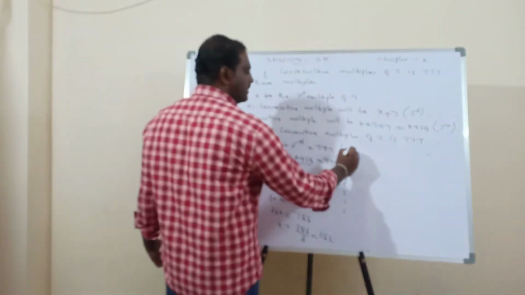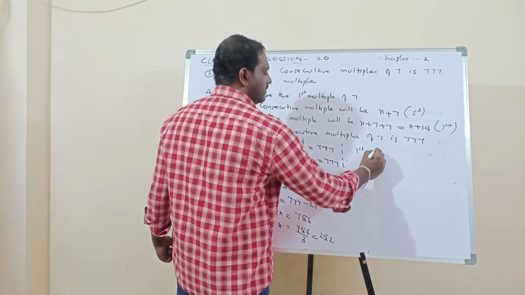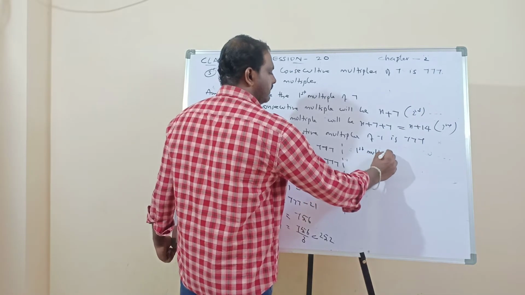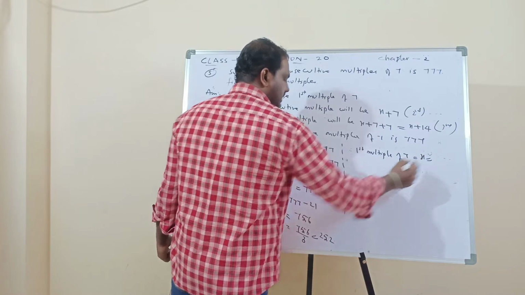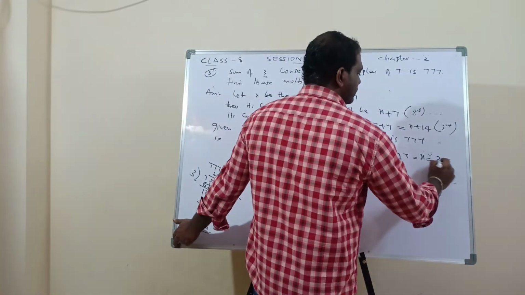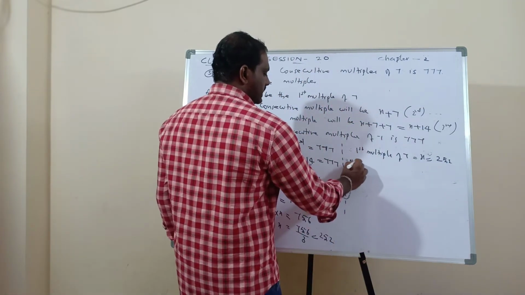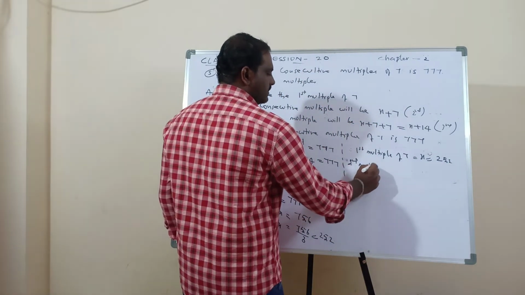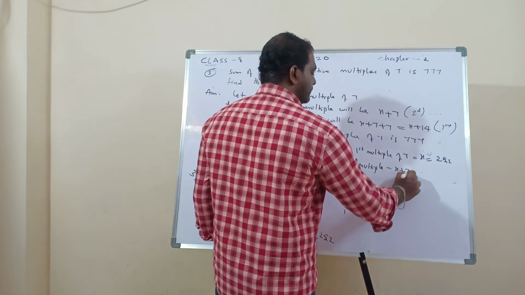So therefore, first multiple of 7 is x is equal to 252. What is the next one? Second multiple is equal to x plus 7.